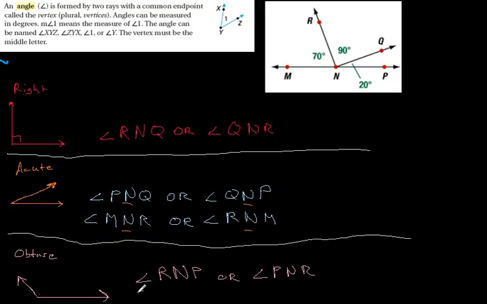So this would be angle MNQ or QNM. QNM are obtuse angles.